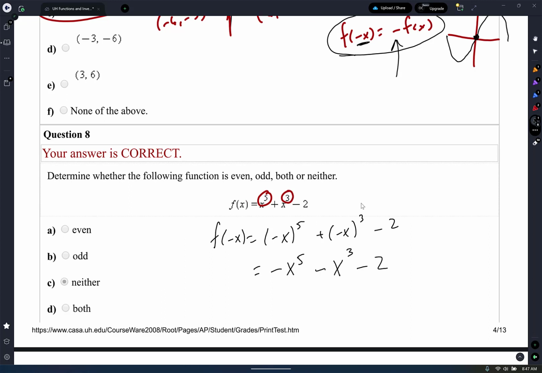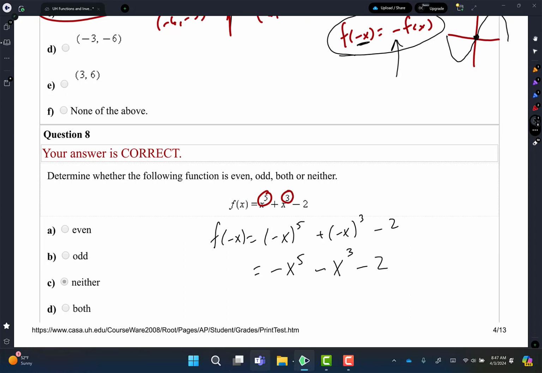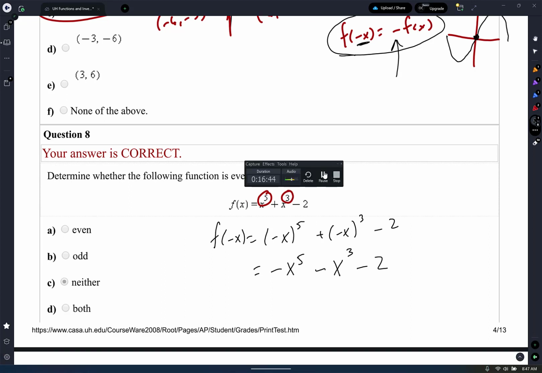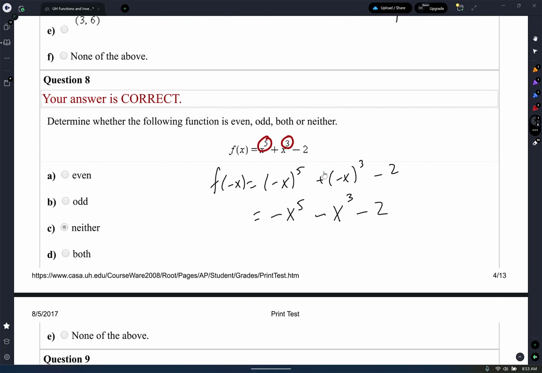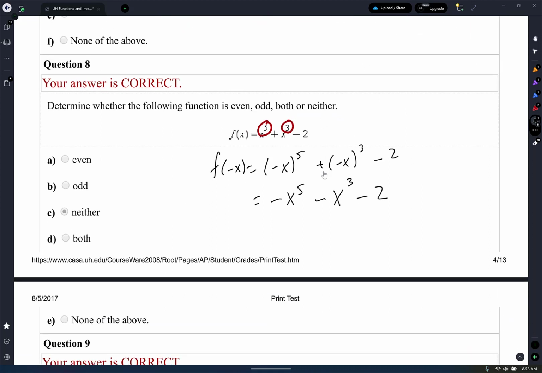Okay, go ahead. It's like nothing happened. All right, here we go. I want you to observe something, guys. If I were to factor out a negative, x to the 5th plus x cubed plus 2, this is not f of x.